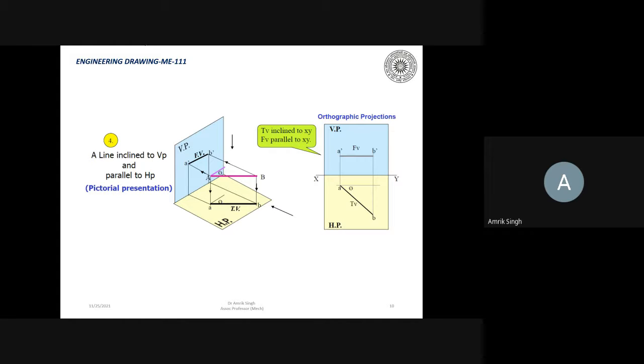So first of all, you note here, we will always use phi for inclination when the line is inclined to VP. ये सब छोटे क्वेश्चन में पूछा जा सकता है आपको. Inclined to VP. Okay. Or let me write it. इसको मिटा के लिख देते हैं.